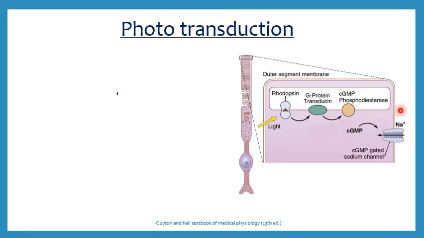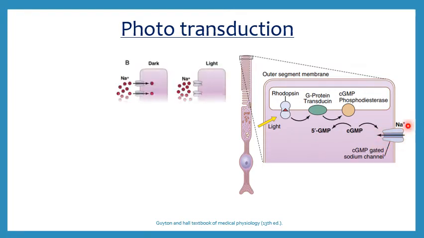See, actually there are some cGMP gated sodium channels present on the rod which allow continuous entry of sodium into the cell, right? So these will open only if cGMP is present. But when this phosphodiesterase is activated, it will convert this cGMP to 5'-GMP, which means there will not be enough cGMP to open the sodium channel.